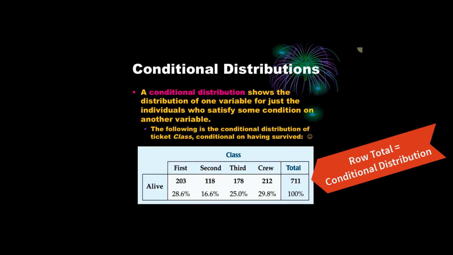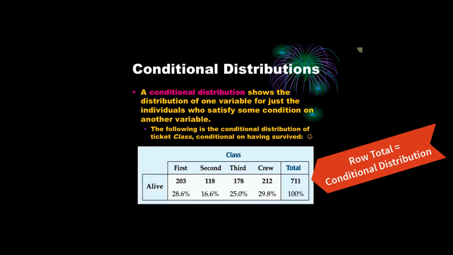Then we can see by taking 118 and dividing it by 711 that of all of the passengers that survived, 16.6% of them were second class passengers. Of the passengers that survived, 25% were third class passengers, and of those that survived, 29.8% were crew members.